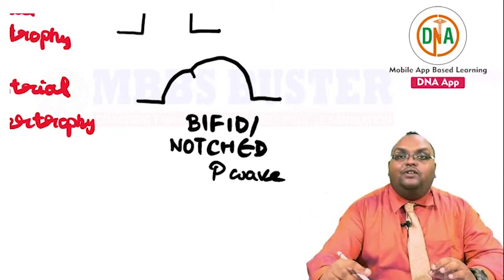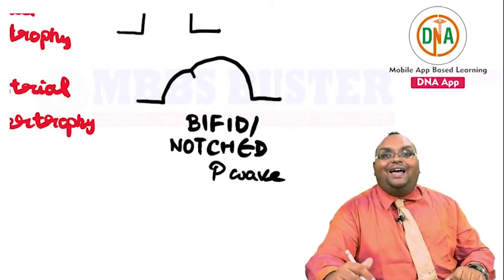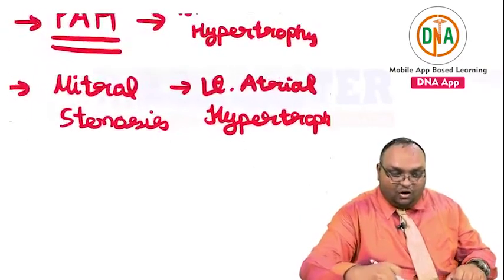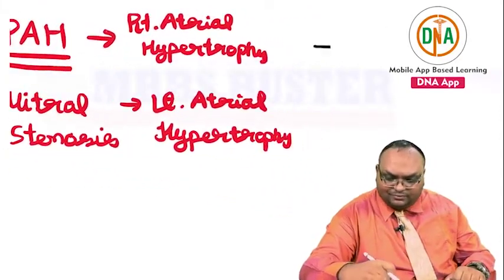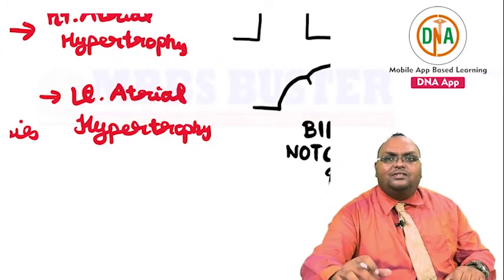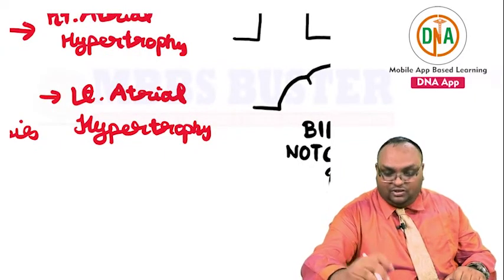You're having a bifid or notched P wave, and that is characteristic of P mitrale, which is seen in mitral stenosis and which is characteristic of left atrial hypertrophy.